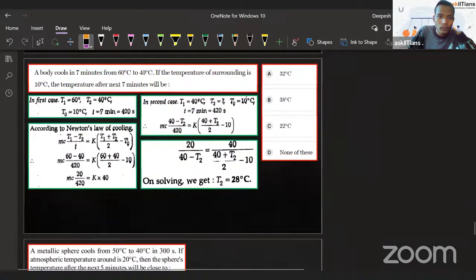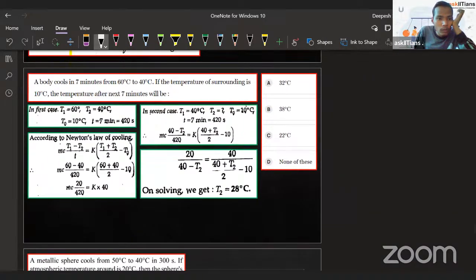The body's temperature is going from 60 degrees Celsius to 40 degrees Celsius in the first 7 minutes. Then it is going from 40 degrees Celsius to 10 degrees Celsius in the next, oh sorry, I'm really sorry, 40 degrees Celsius to 28 degrees Celsius in the next 7 minutes.